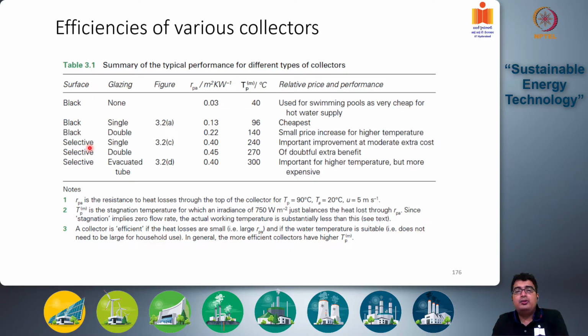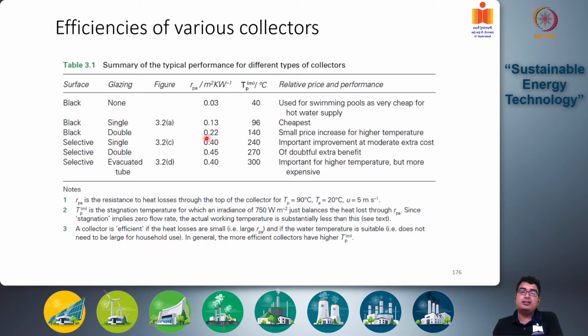Then you go into selectively coated absorber plating. As we discussed, the absorber coat is usually a black coat, but you can have a selective coating which absorbs the solar radiation but does not emit thermal radiation. So that also removes the radiation heat transfer losses. If a selective coating with a single glazing is done, then your resistance increases to 0.4.